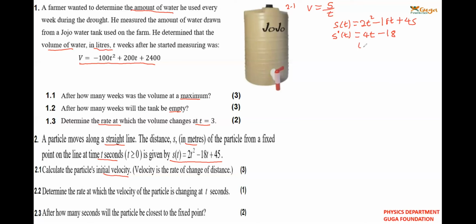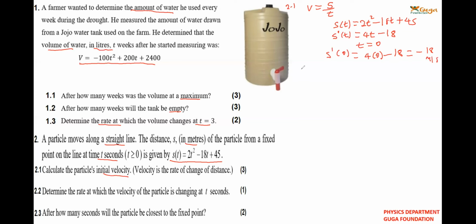So it will be s prime of 0, which is equal to 4 into 0 minus 18, which is equals to negative 18 meters per second.